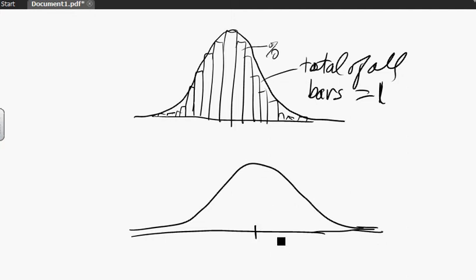Here's my center of this distribution at the highest peak, and this point is the mean of all the values across the x-axis, of all the values with their frequencies.